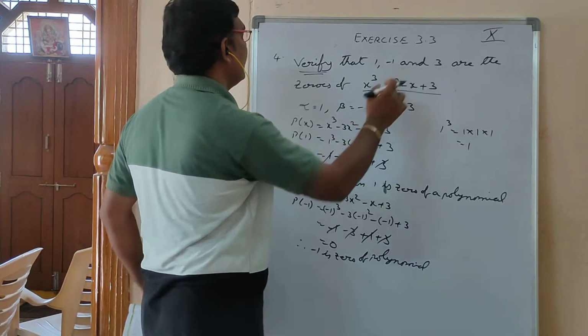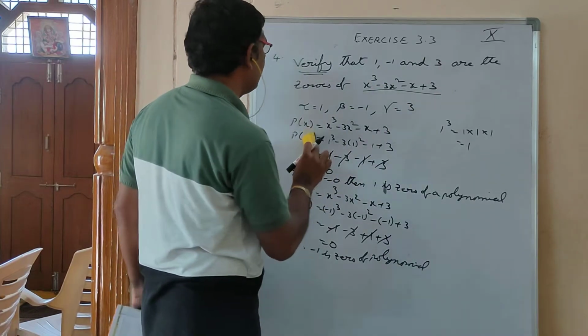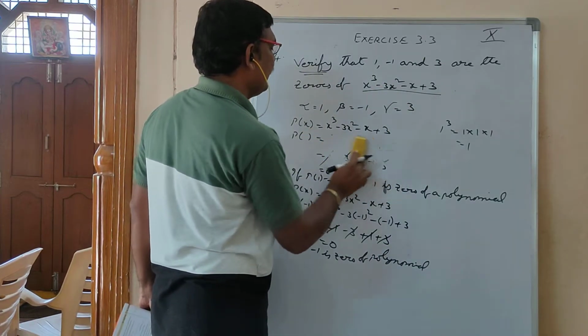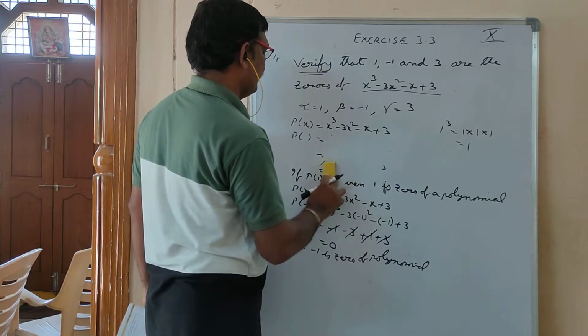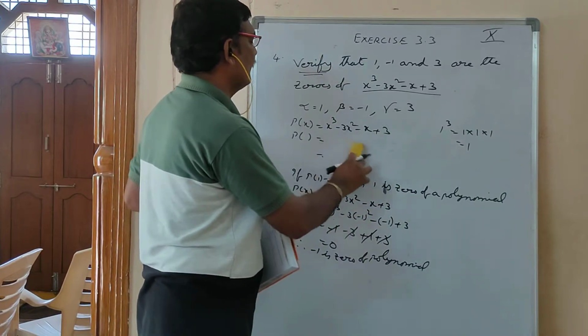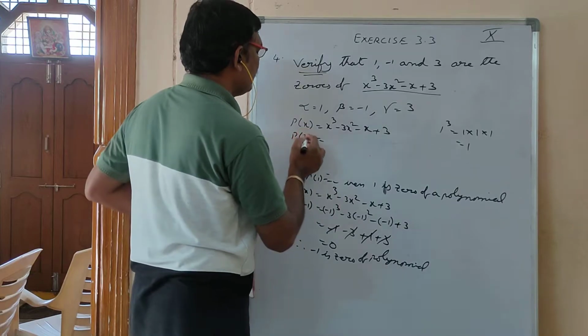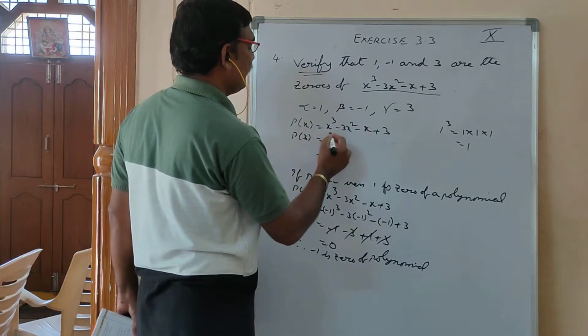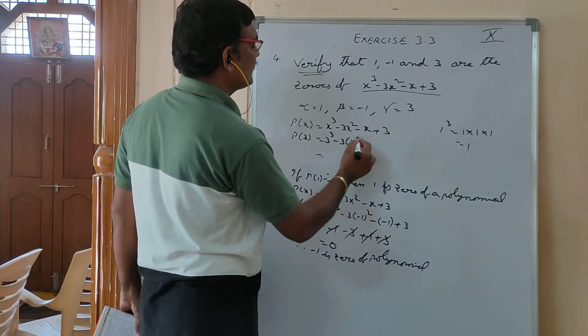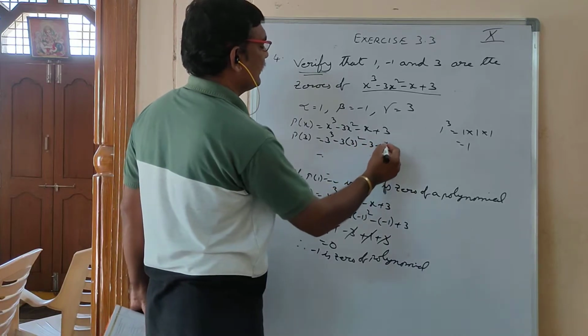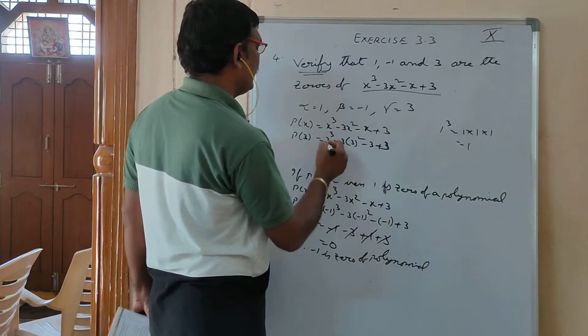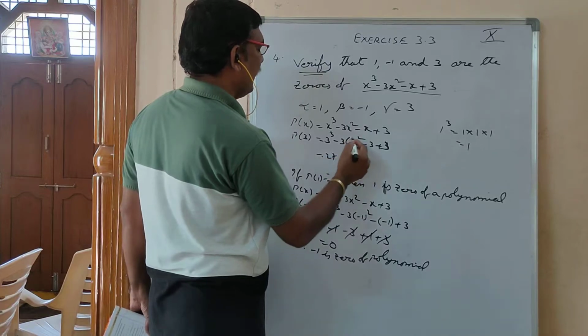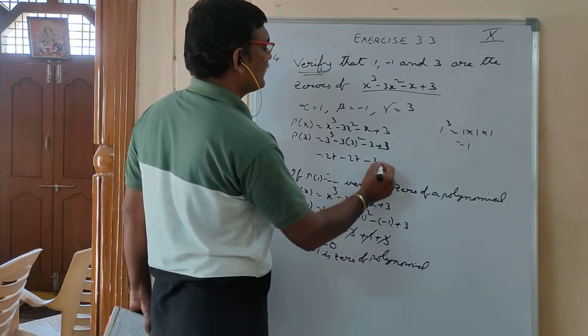1 and minus 1 completed. Next you have to go for 3. P of 3: in place of x you have to write 3 cube minus 3 into 3 square minus 3 plus 3. Now 3 cube is 27, minus 27, minus 3 plus 3.